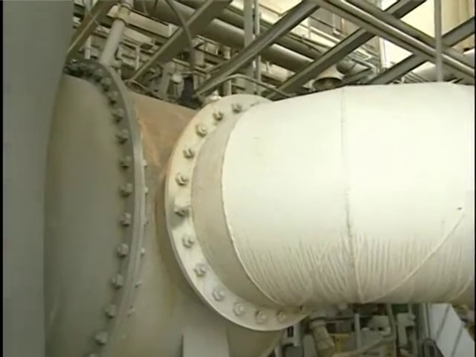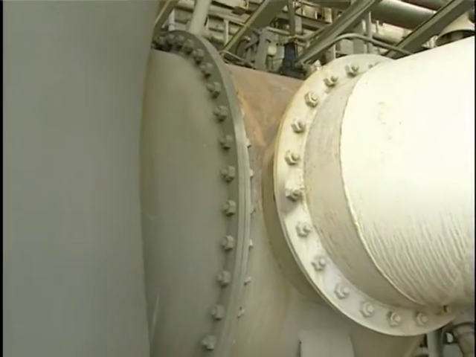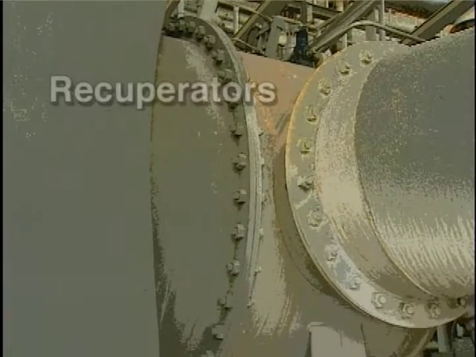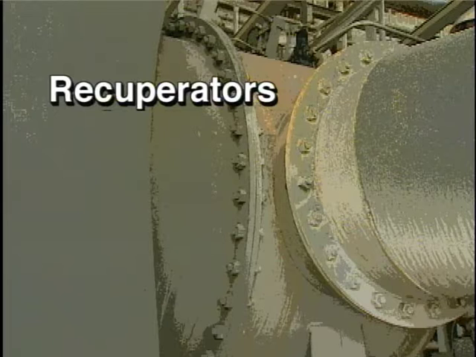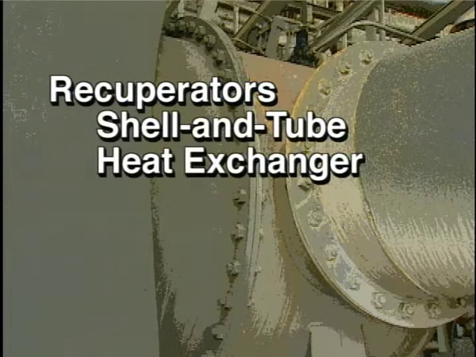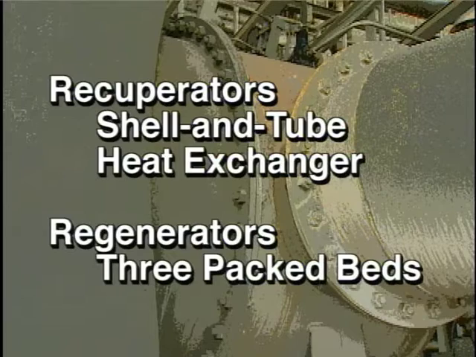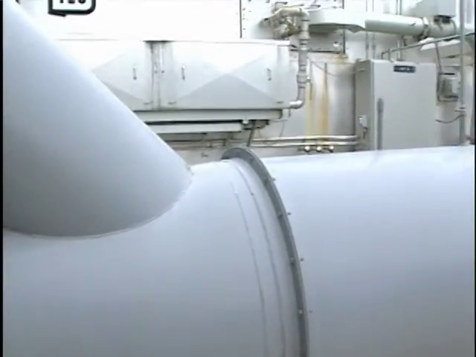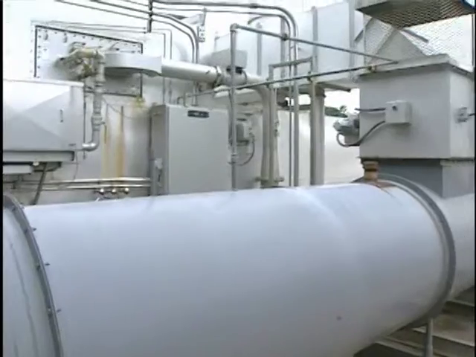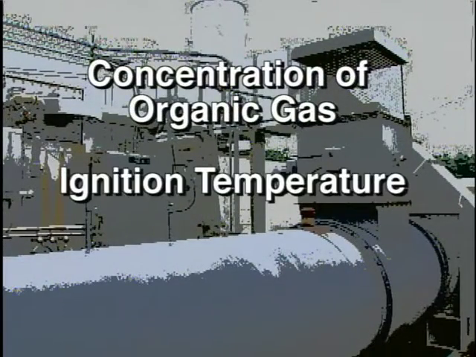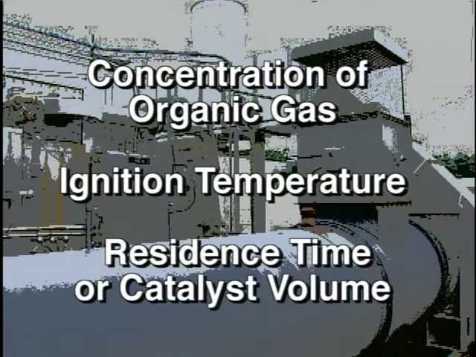Most incinerator systems preheat the contaminated gas stream with 2 types of heat exchangers. Recuperators, the most common being the shell and tube heat exchanger, and regenerators, usually designed with 3 packed beds to transfer heat. An incinerator's efficiency in destroying a contaminant gas can be affected by the concentration of the organic gas, the ignition temperature, and the residence time or catalyst volume.